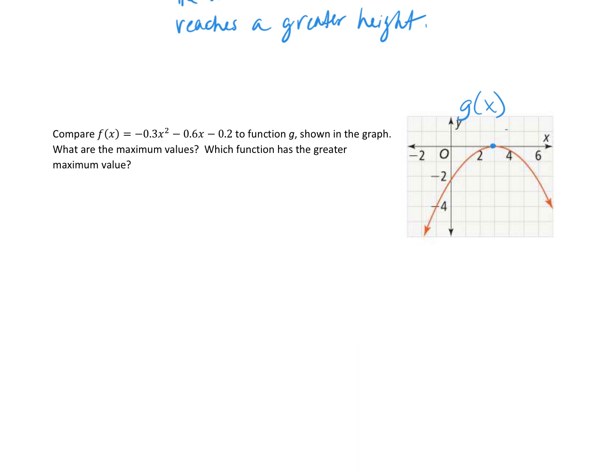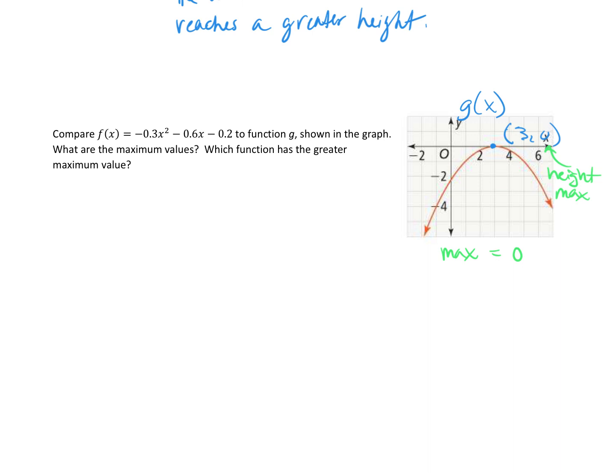This vertex has the ordered pair (3, 0). Just like we saw in the last problem, it is the y value that gives us the height, or in this case, the maximum value. So for g of x, the maximum value is equal to 0. That's the highest that your graph gets.